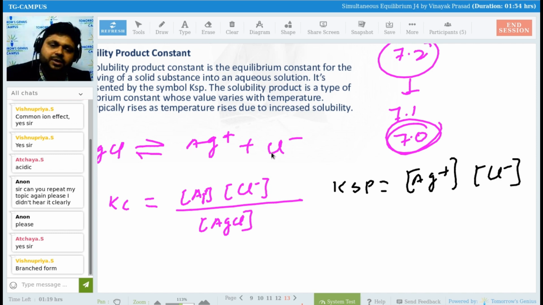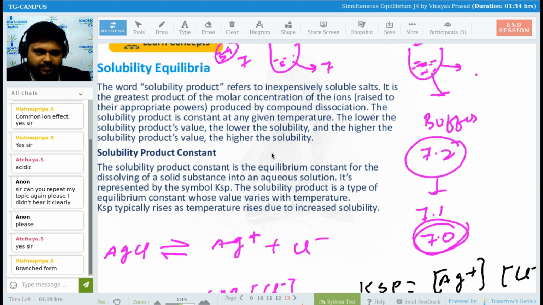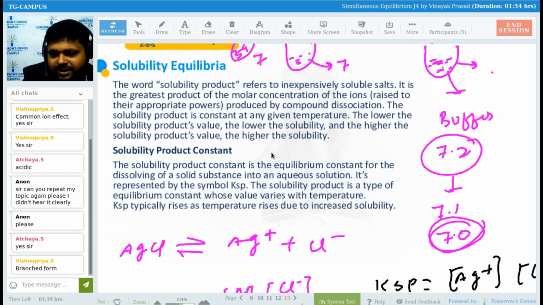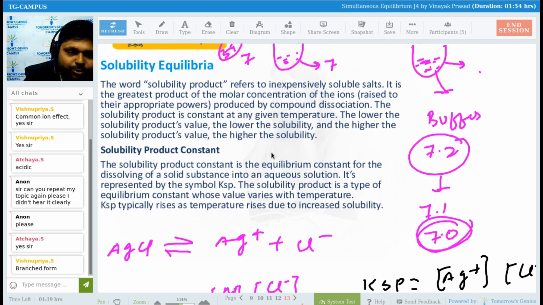Now come to the definition part first. What has been given in the definition? The term solubility product refers to a sparingly soluble salt. It is the product of the molar concentrations of the ions raised to their appropriate powers. What is this appropriate power?